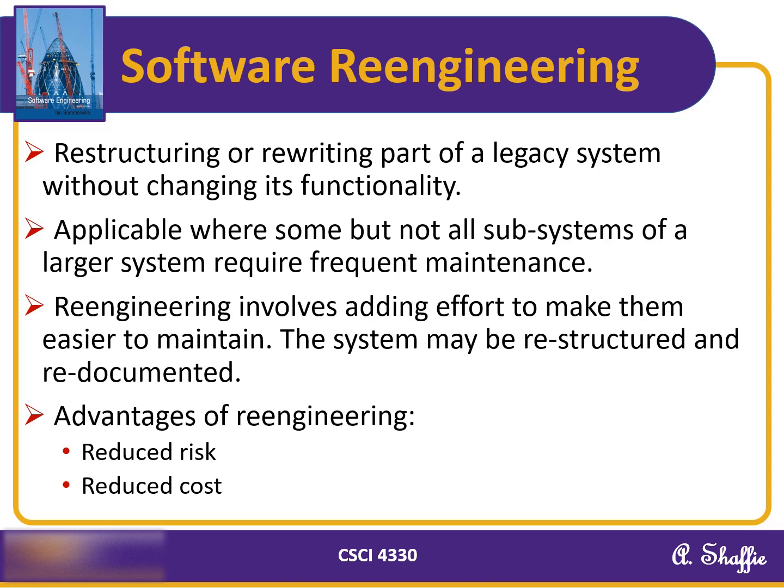So the core system stays the same, but it becomes easier to use and maintain. By focusing on the parts of the system that need improvement and avoiding the risk of a full replacement, reengineering offers a practical and efficient way to maintain and enhance legacy systems.